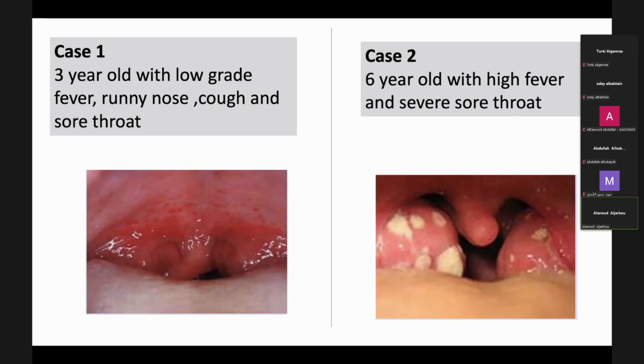Okay, is it all bacteria we will give antibiotic for? Not all bacterial pharyngitis do we prescribe antibiotic for. But there's an important difference between the two cases.